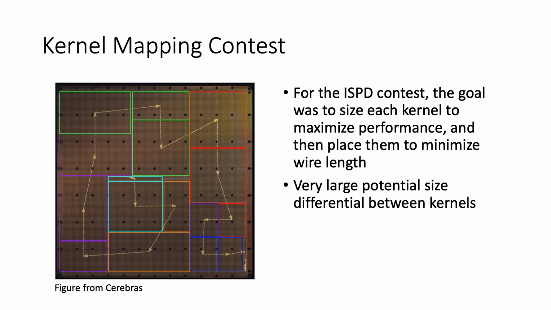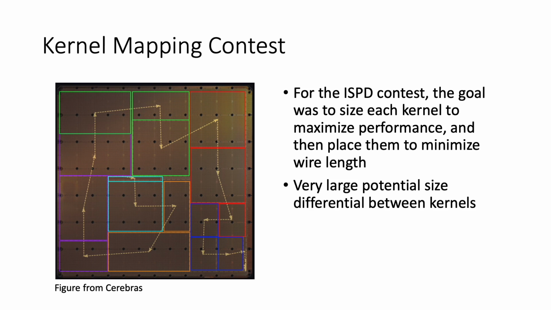And to make this problem a little bit more concrete, what we've got here is a figure from Cerebras. This is a CS1 processor, wafer scale processor, and they've got a kernel graph mapped to it, so you can see the rectangles highlighted. And each one of these is a compute kernel doing some number of processing with lots of compute cores within it.